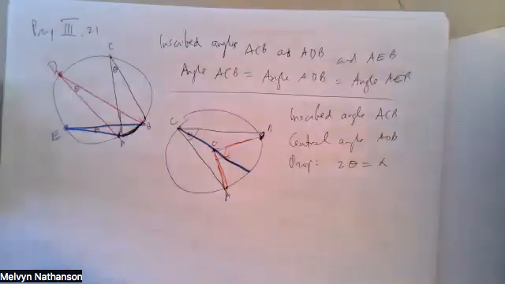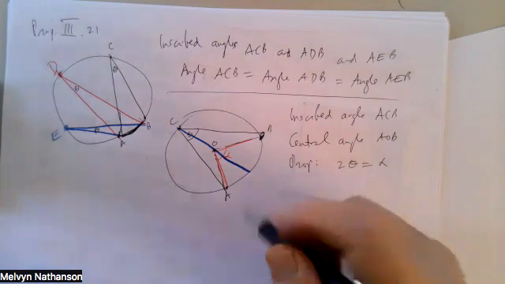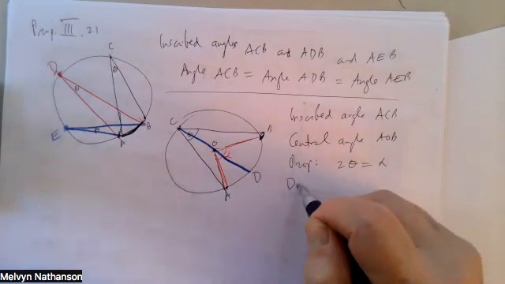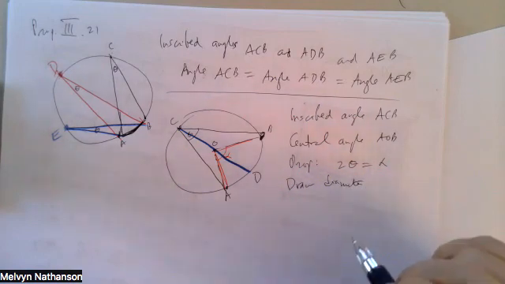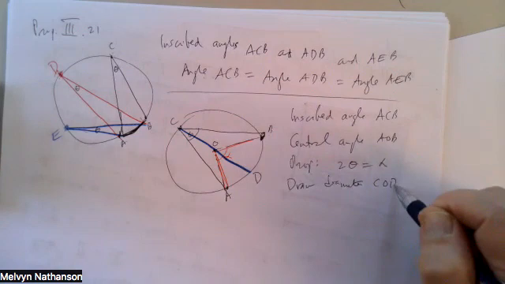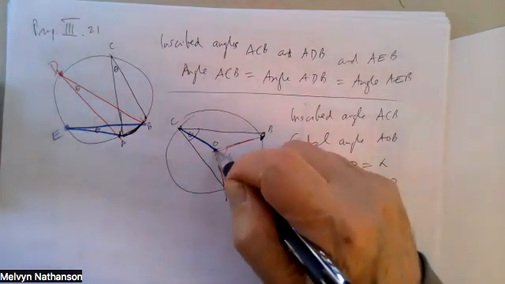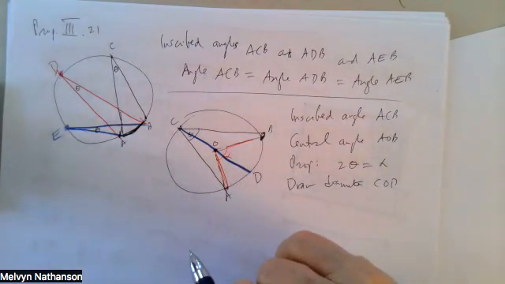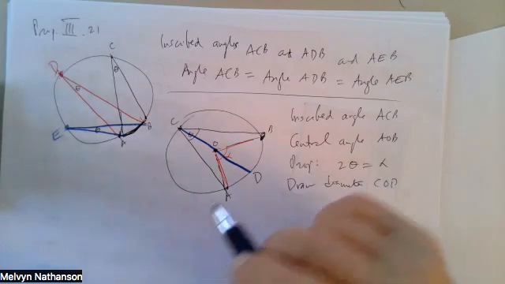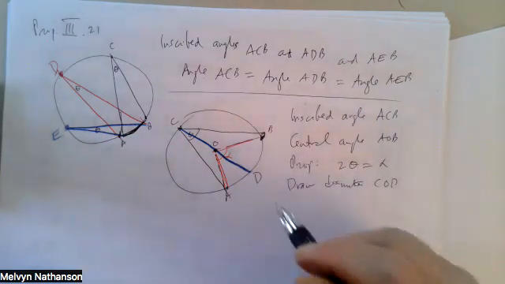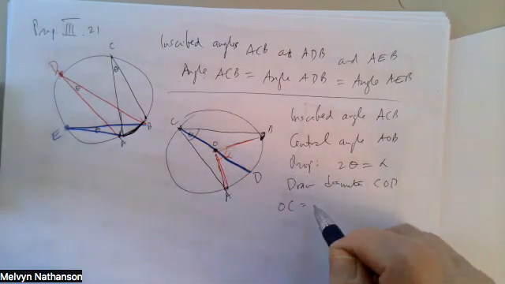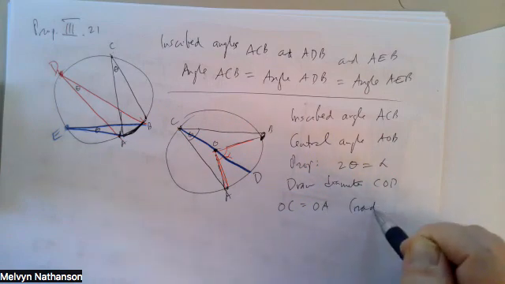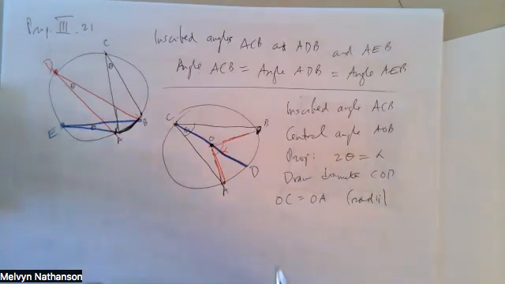So I draw this diameter, let me call this point D. So draw the diameter COD. Now this is the center. So all radii are equal. OC equals OA, because they are radii of the circle.